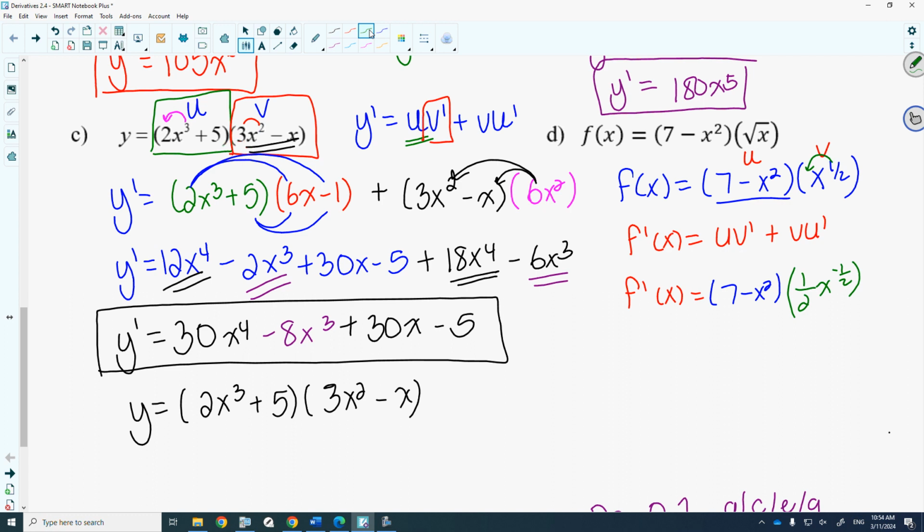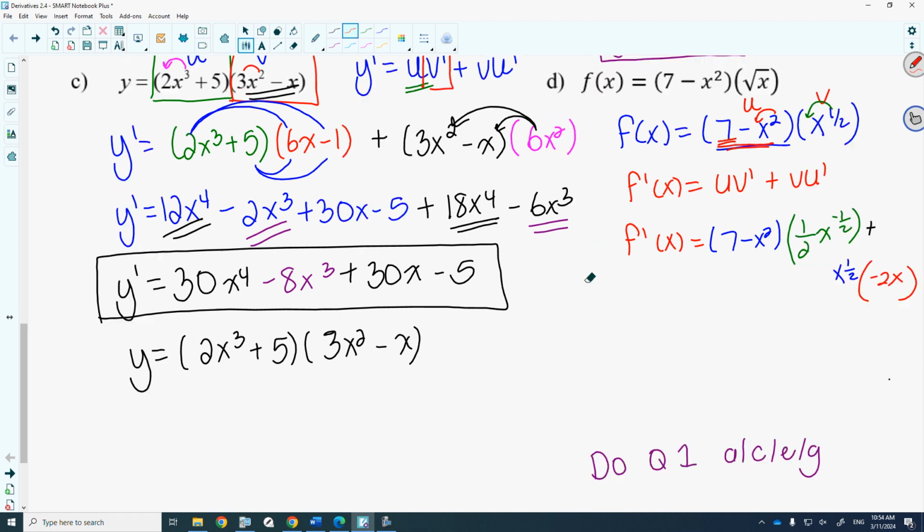So there's uv prime plus v would be x to the 1/2 times u prime. So the derivative of this, the derivative of 7 is 0, and then the derivative of negative x squared would be minus 2x.